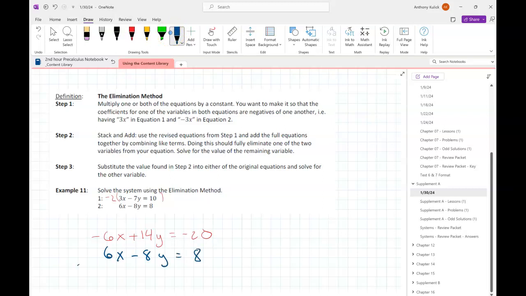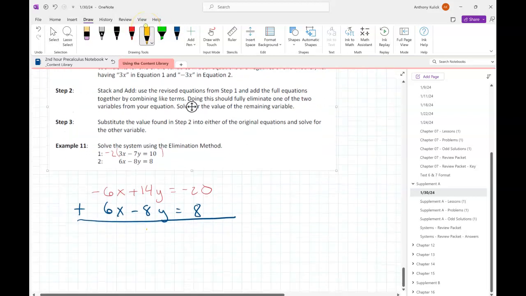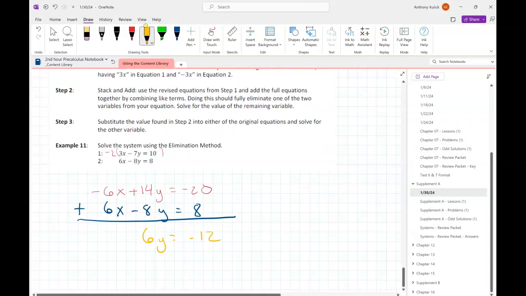And then we're just going to add down. And we're left with one equation, one variable. I can solve for y now, right? That's pretty easy. How do I solve for y? Divide by 6.